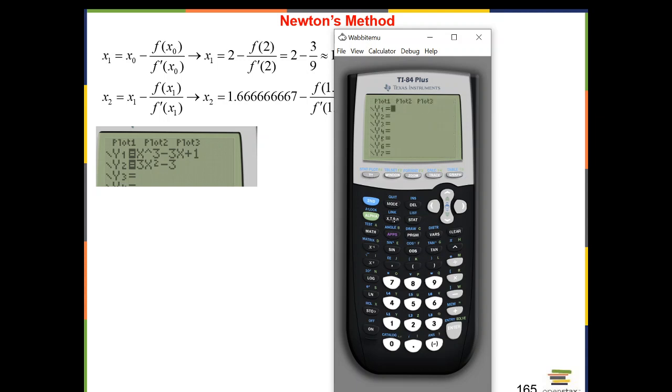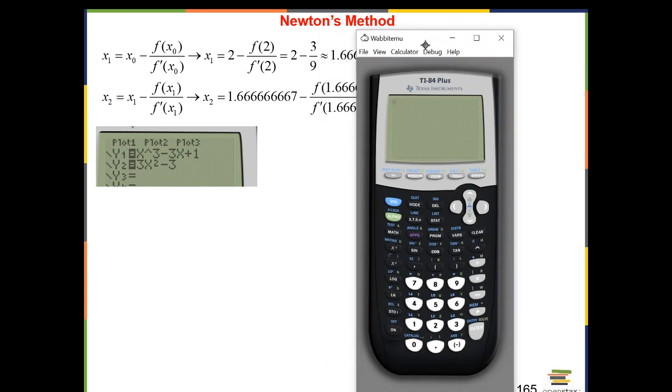So that's x to the third power minus 3x plus 1, and f prime is 3x squared minus 3. Okay, now we're going to go to the home screen, and then here's what we do.